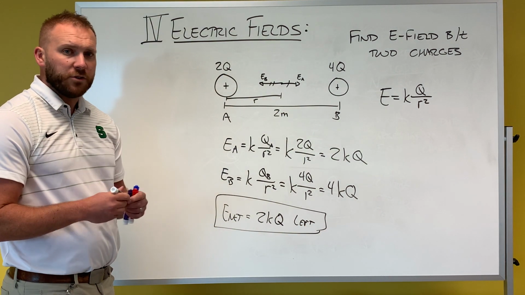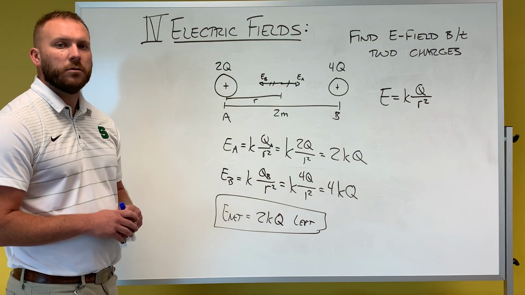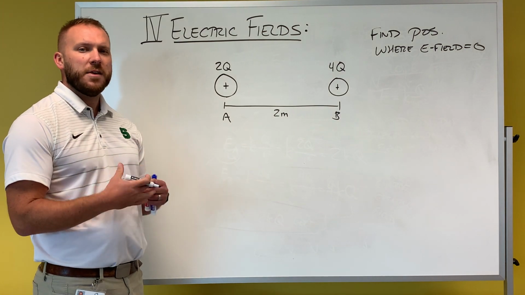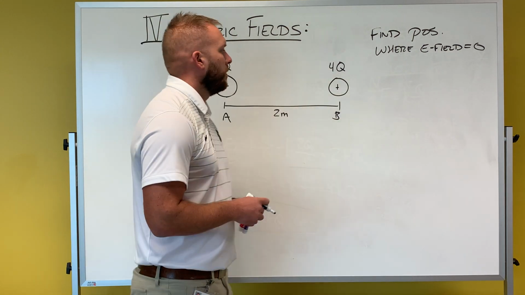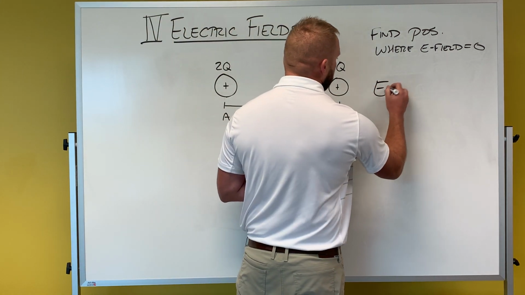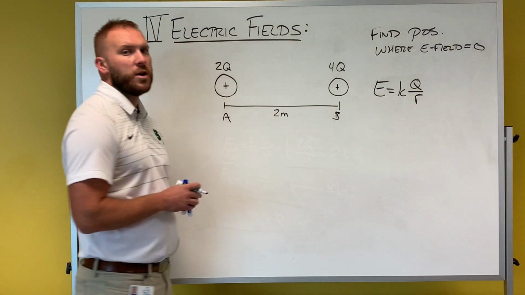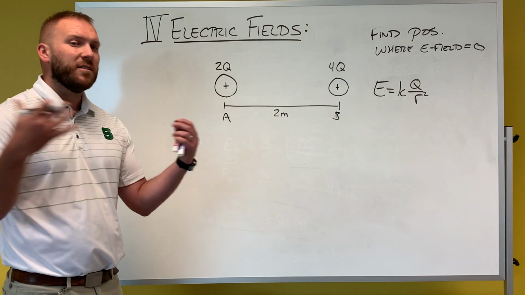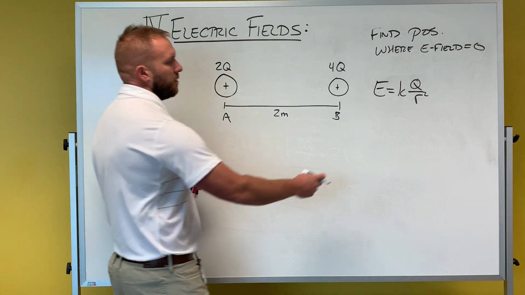All right, there is a region where the electric field would be 0. So let's figure that out now. This example is going to work through whether we can find the position where the electric field is actually 0. Again, these are the charges that are producing the electric field, so we're going to use this equation. R squared. We know that distance plays a factor, right? And it actually plays a bigger factor than the size of charge because it's squared.